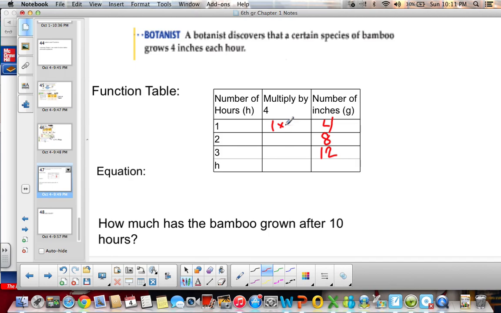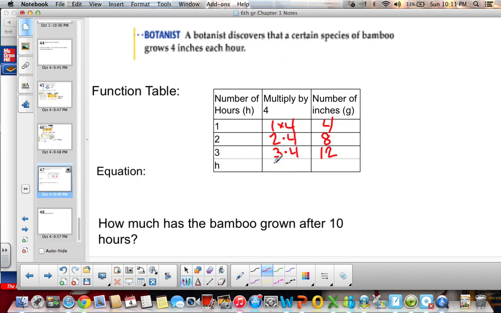So 1 times 4, and then 2 times 4. And I'm going to start using a dot because we're going to use our x's pretty soon as variables. So it's important to get used to writing multiplication with a dot instead of with an x. So 1 times 4 equals 4, 2 times 4 equals 8, 3 times 4 equals 12.